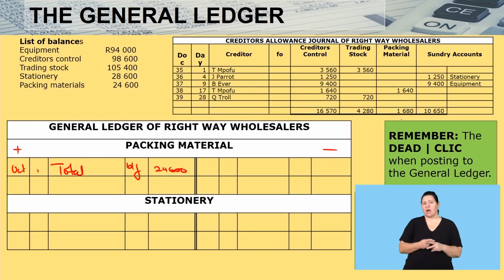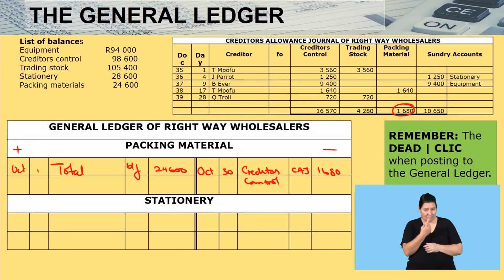Then I also have some packing materials that are in the creditors allowances journal. So I also say October the 30th, creditors control. I'll say creditors control. CAJ. How much is that? 1,680.